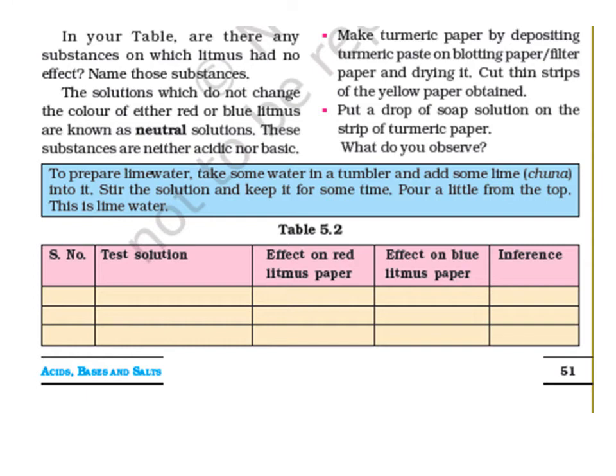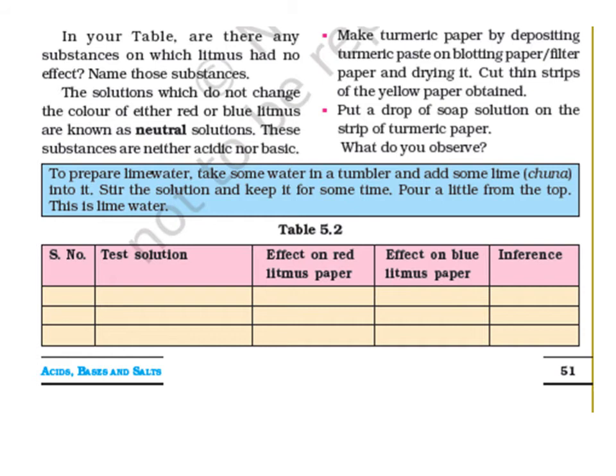Then second time take another strip of that turmeric paper, then add the detergent solution that we made for the last activity. Add that detergent solution on that turmeric strip. What will be your observation? That turmeric strip this time will change into dark reddish brown color.